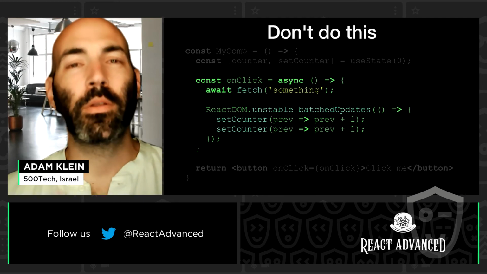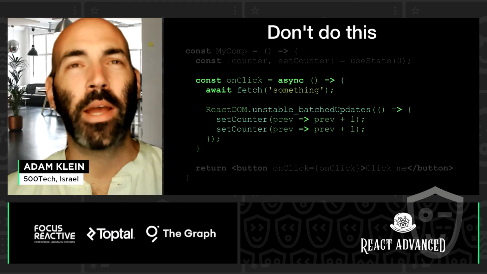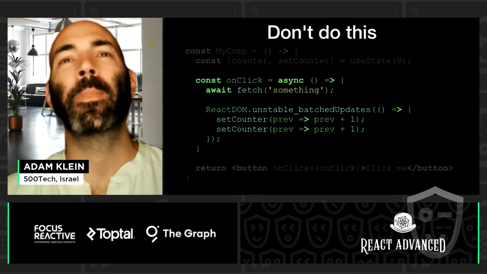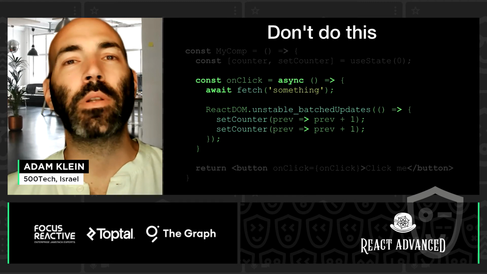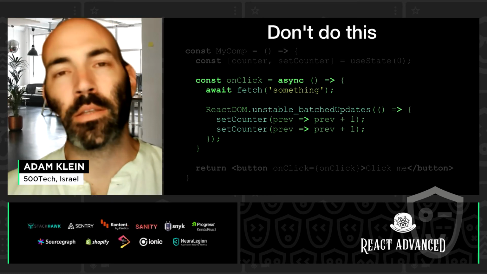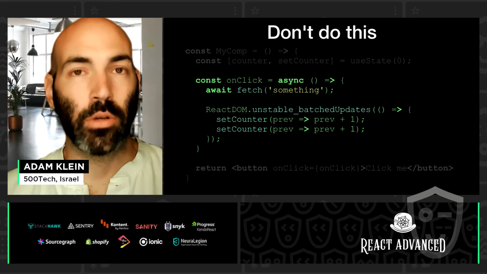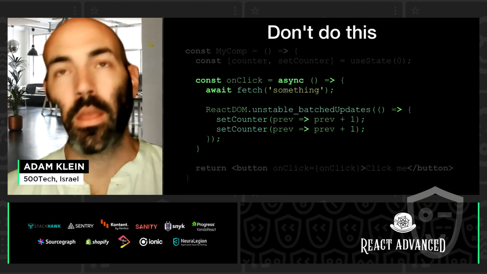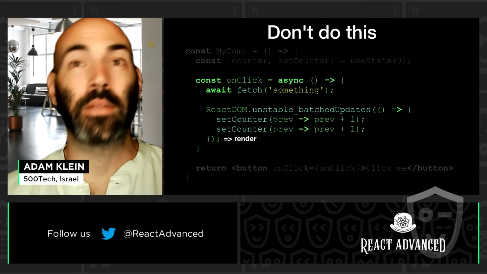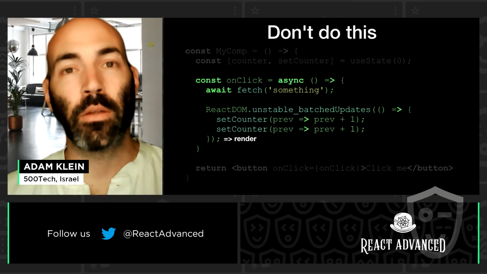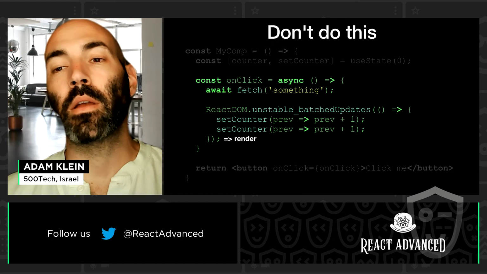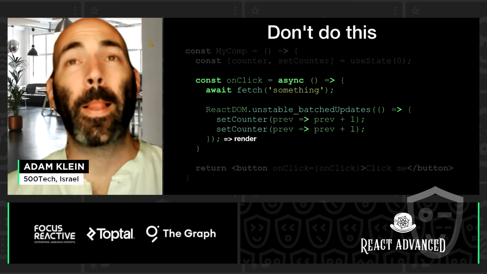And if you really want to do this inside a batch, you can call React DOM unstable batch updates. This will do the same behavior as React does when you call a synchronous event handler. So when you call unstable batched updates, it will only render once, even though you updated the counter twice.